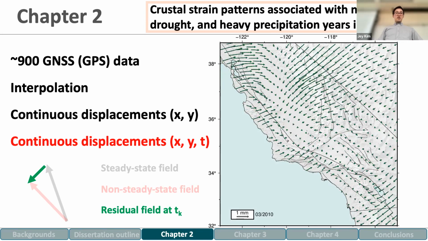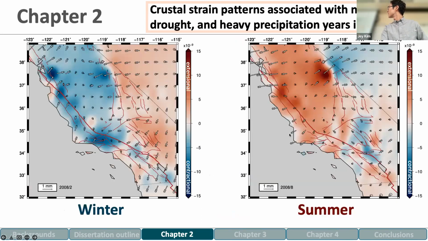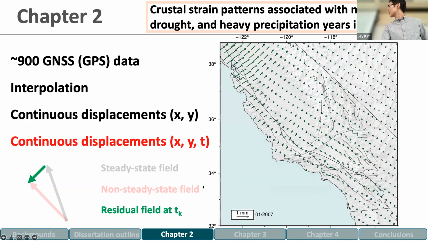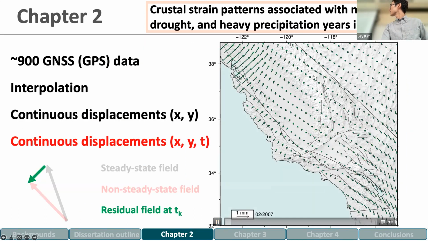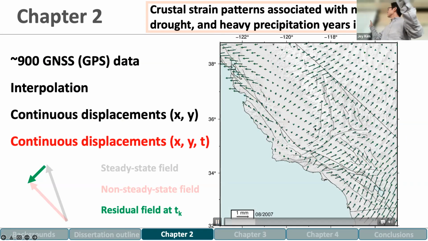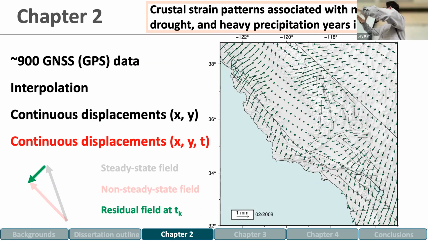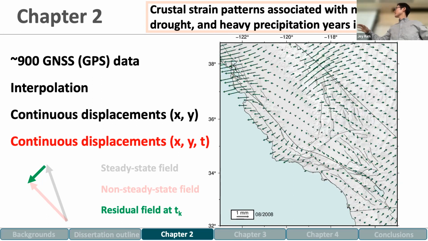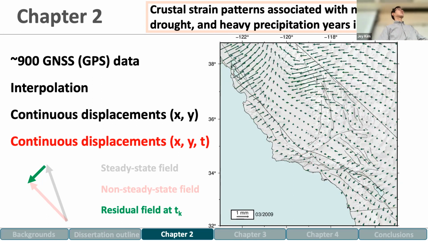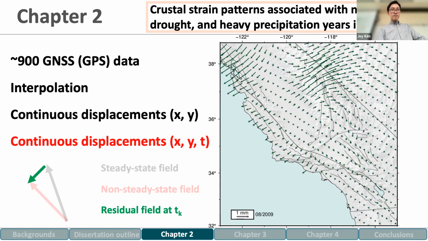During the winter, your crust is moving toward the center, but during the summer, they are moving away. Let me play one more time. During the summer, they are moving away, and in winter, they are moving in. Summer, they are moving away, and it repeats over the last 13 years.